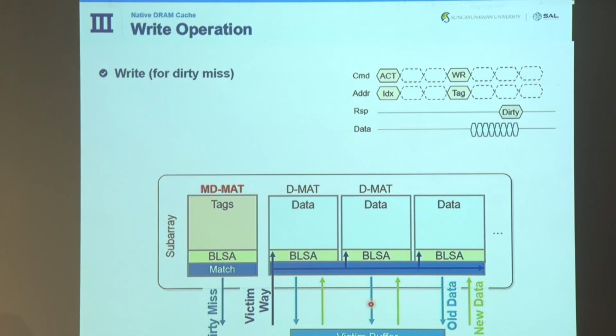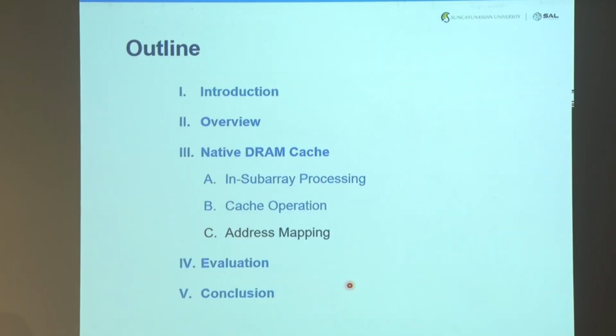The data from the randomly selected victim way is moved to the victim buffer, then the new data can be written on the victim way. This process is similar to the traditional DRAM read-modify-write operation and can be described as a read, store, write operation. Now, I will explain the final feature of NDC, which is the address mapping strategy.